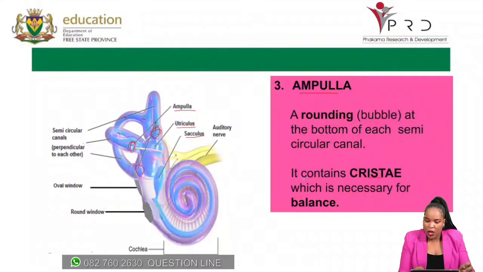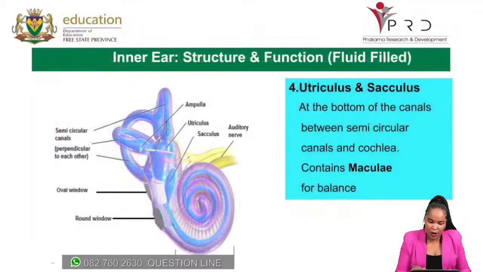And then it contains the crista, which is necessary for balance. Just one thing to note, the ear is not only responsible for hearing, it is also responsible for maintaining balance.